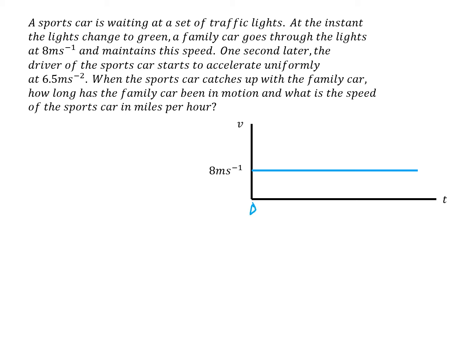So 1 second later, the sports car starts, and that travels at constant acceleration, so it's a straight line going upwards until they meet. And I'm taking the time that they meet to be this value of time here, capital T. And when they meet, of course, the displacements are the same.